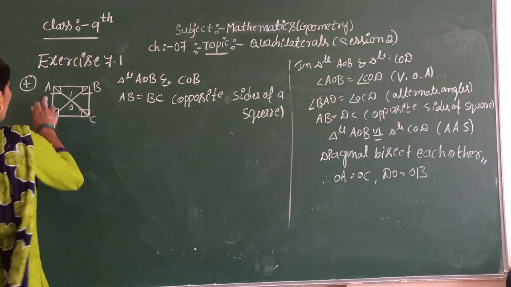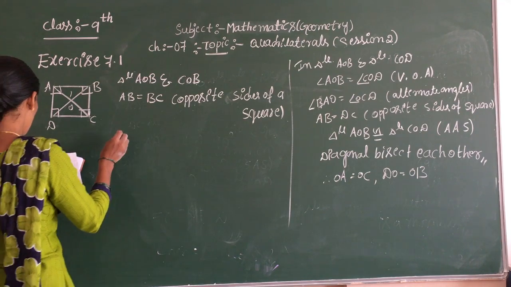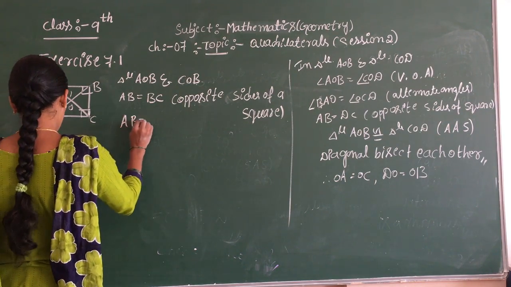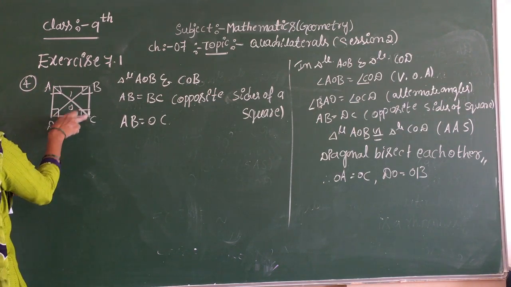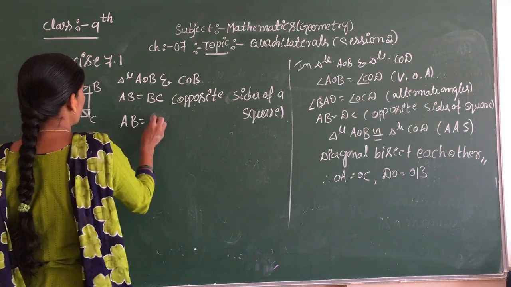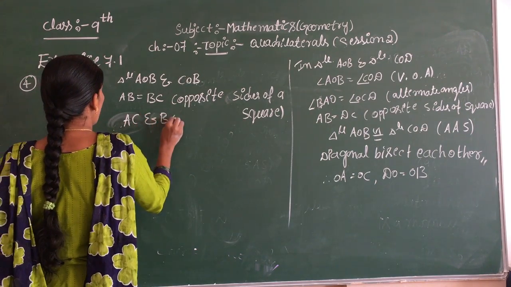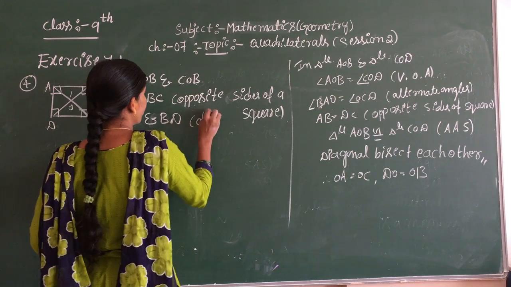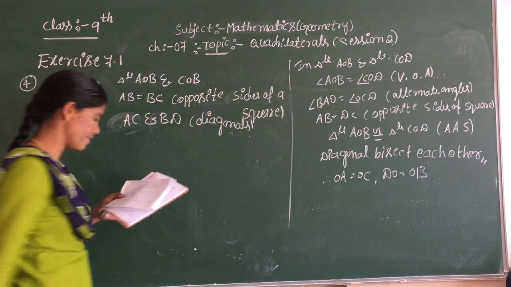AB is equal to OC. So this is AC and BD. AC and BD are the diagonals. Okay.